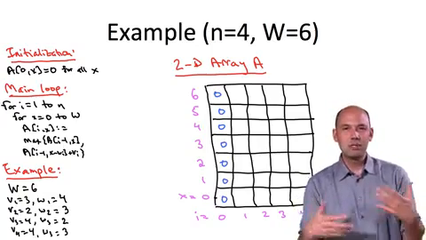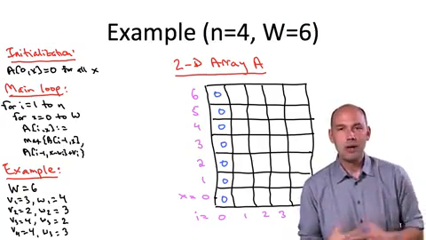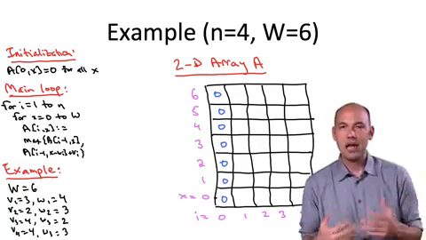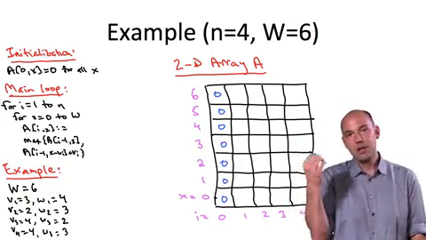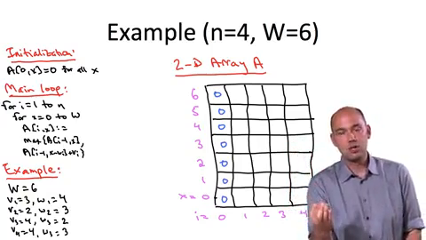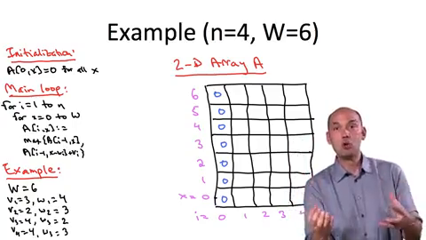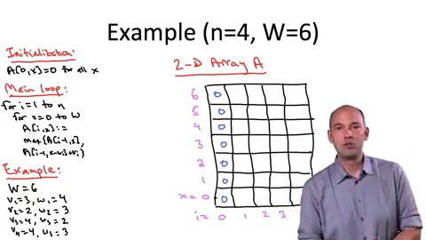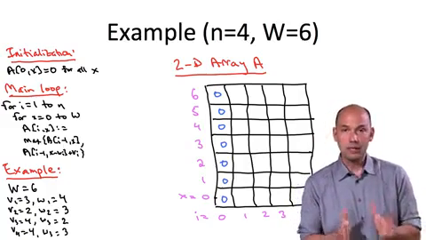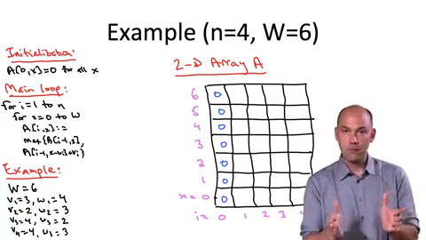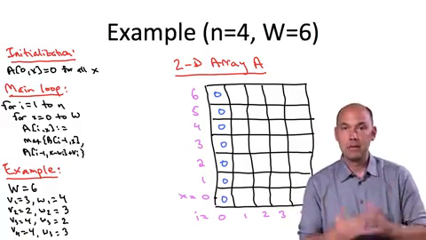Now, for the early subproblems in a column where you have essentially 0 residual capacity, it's kind of degenerate. If your residual capacity x is actually less than the weight of the current item you're considering, w sub i, you have no choice but to inherit the previous solution. You're not allowed to pack the current item i. So concretely, in this example, in the first column, notice the weight of the first item is 4.